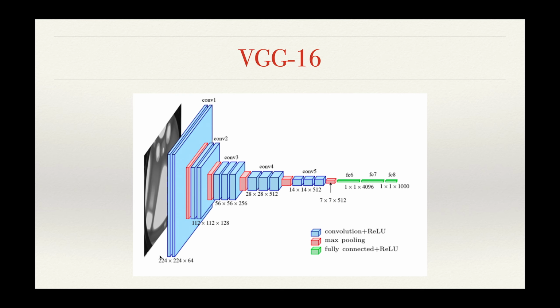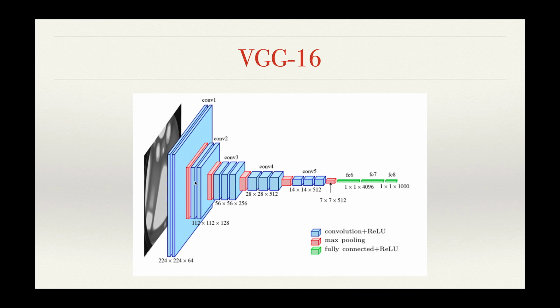So the VGG, as you see, starts with 64 neurons in the first convolutional layer, which means we have 64 filters in the first convolutional layer. The size of the feature map from the first layer will be 224 by 224 by 64, because we have now 64 features.